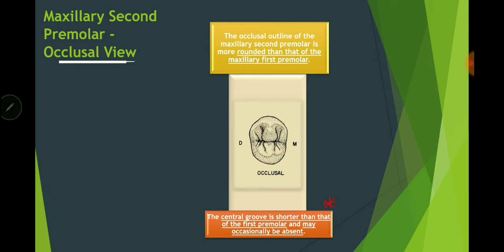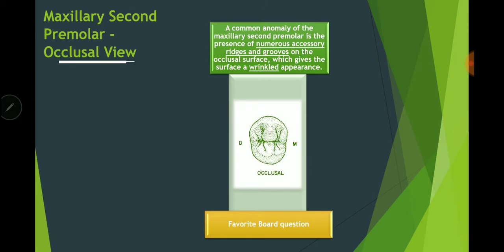And these teeth usually may have multiple grooves or supernumerary grooves. Okay, that's another favorite question. So a common anomaly of the maxillary second premolar is numerous accessory ridges and grooves. All right.